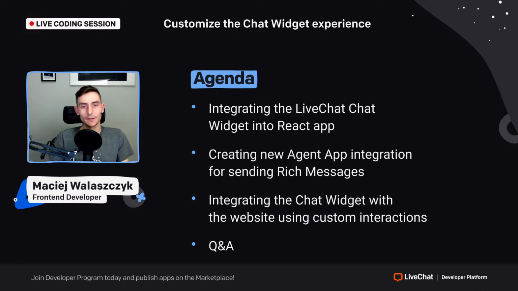Next, we will use rich messages inside the Agent app, using the Agent app SDK to send those rich messages, which we will later use to trigger custom actions inside the website that we build with the Chat Widget. So we will be able to add custom actions on the website. Basically, we are going to build this app with those three pieces together.